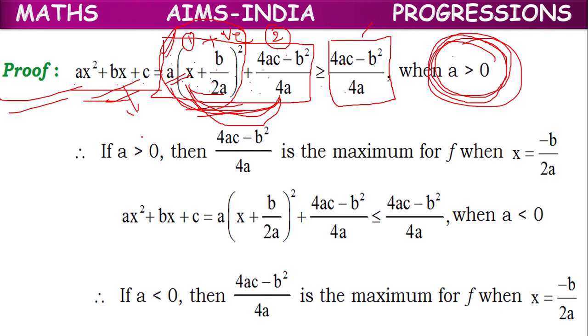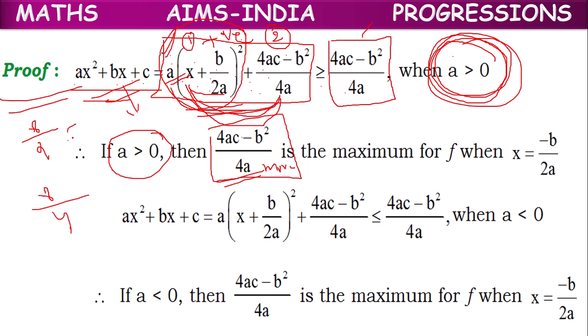Suppose a is greater than 0, and the a value is more. If we divide the numerator with a bigger value, the resulting value will be less. In fractions, suppose 8 by 2 and 8 by 4. What is the 8 by 2 value? 4.